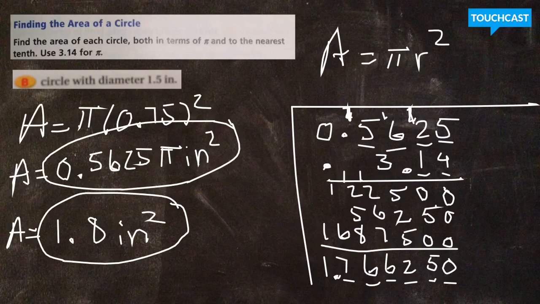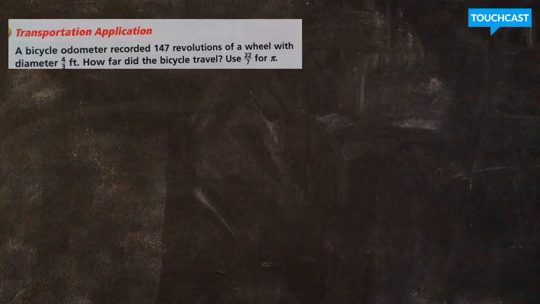Alright, let's move on to our last example, our transportation application. So a bicycle odometer recorded 147 revolutions of a wheel with the diameter 4/3 feet. How far did the bicycle travel? And we're going to use 22/7 for pi. Well, we need to know how far around that bicycle wheel is.